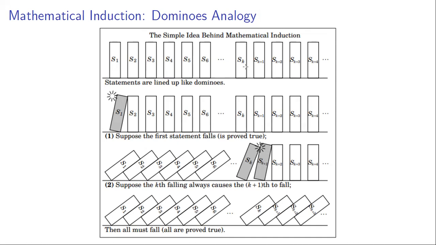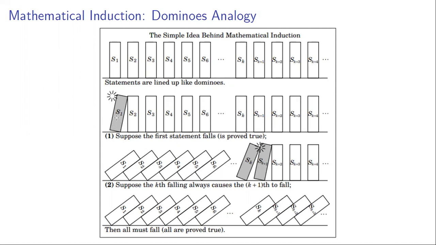Here, k is any random natural number. We want to prove all of these statements, so you can think of them as lined up like dominoes. Now, the basis step is we show that the first statement falls, meaning the first statement is proved true. The first domino falls.